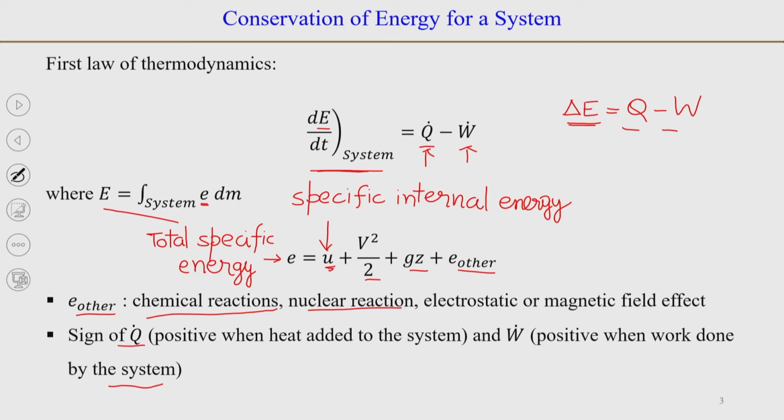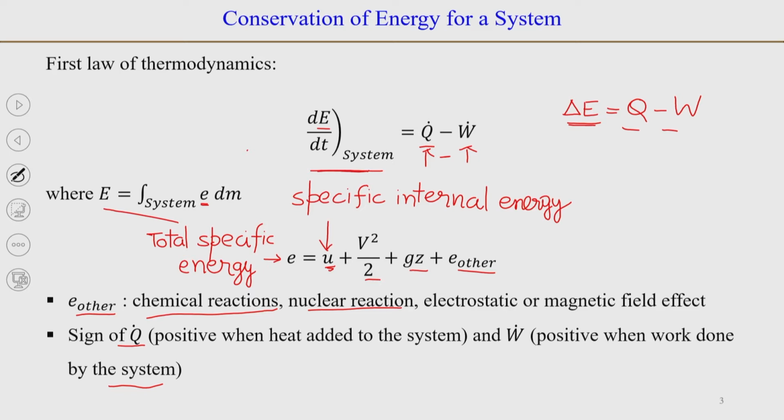If heat is being taken away from the system, or the system provides heat to its surroundings, then Q dot will be negative. In some places you might find that the sign between Q dot and W dot is positive. In that case, W dot will be work being done on the system. Okay. So, now we have refreshed our memory of the first law of thermodynamics, or energy conservation, for a system.